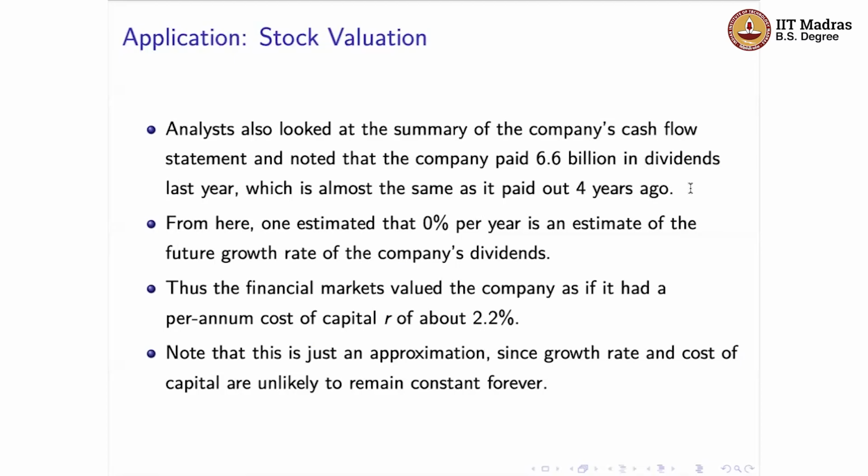Just to be clear, this is just an approximation. We are not saying that this definitely says this, because we made so many assumptions, but the idea is that at least we have a very quick estimate of what this amount is, right?